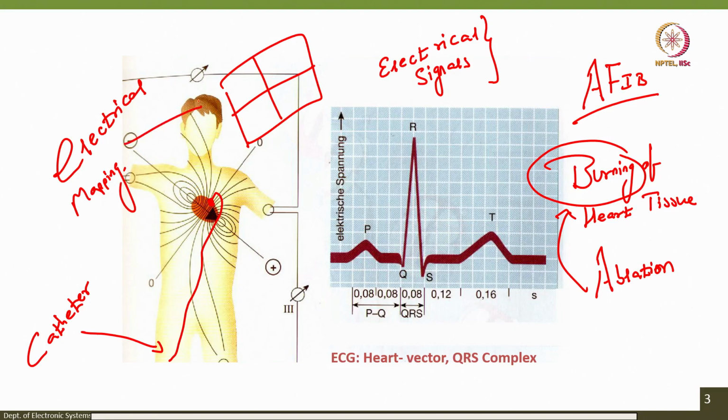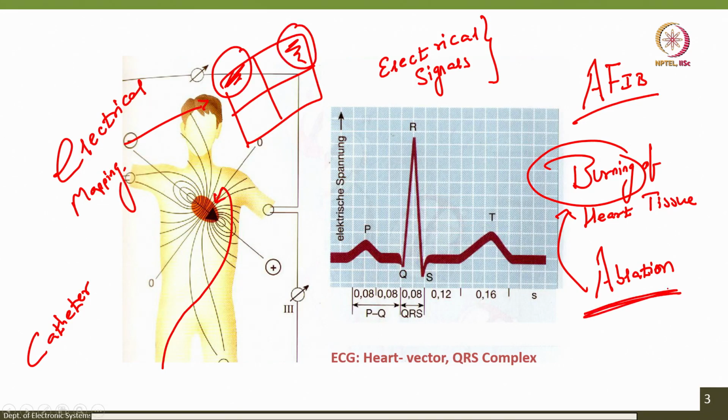So, that is what is called electrical mapping. Some region will show some kind of extra electrical activity. Now, what the surgeon will do is insert another catheter and burn these tissues. This burning is called ablation. If you burn the tissue, it will not conduct and the rhythm of the heart can be regained.